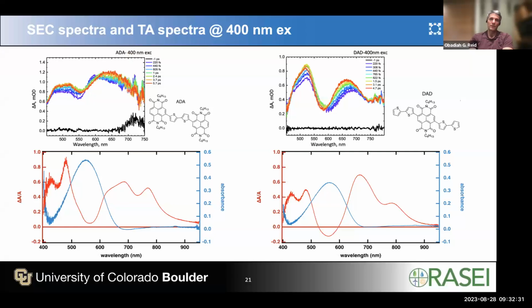The spectra look quite different. In the case of the DAD compound, they're more similar, and by the end of the time scale, the 400 nanometer excitation winds up giving you a much more similar spectrum to 525, whereas with the ADA, it never really winds up looking the same.